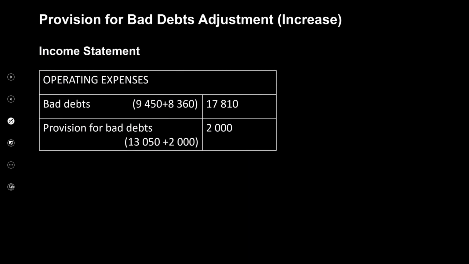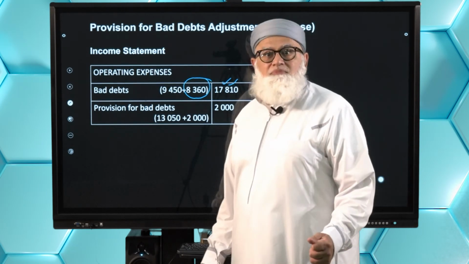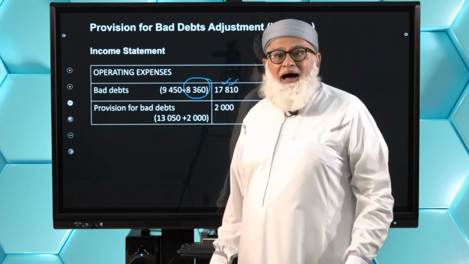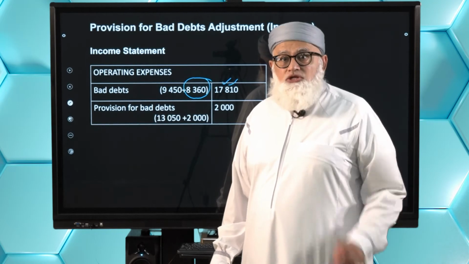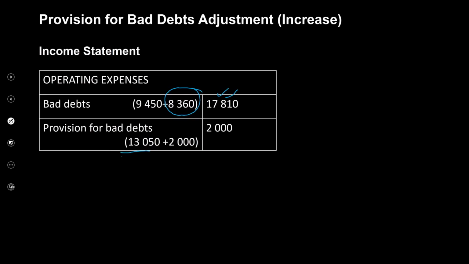Now, sometimes you find that you are told, let's use this example here now, you are told that you had further bad debts of 8,360. We dealt with that one, no problem. But you are told, I'm changing the example now, just for your understanding, that the provision must be increased by 2,000 Rand. So that means your current provision was 13,050.